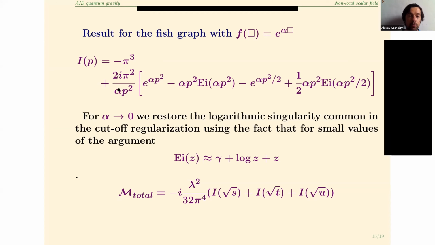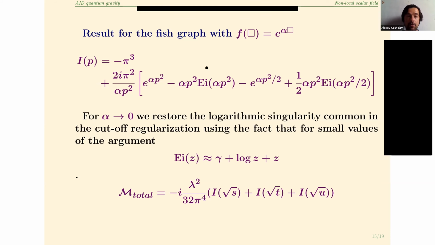This answer shows nice properties in the following sense. First of all, this piece is real. So when we speak about the amplitude, it will become imaginary. And it means it will absolutely satisfy the statement of the optical theorem as a first check. As a second check, when alpha, this parameter, goes to 0, and essentially f of box becomes just a unit, we nicely restore logarithm of z and z as a Taylor expansion of the integral exponent here.